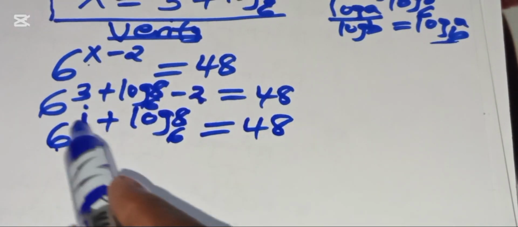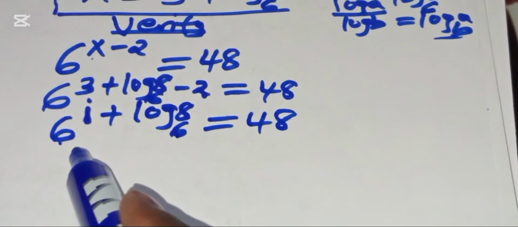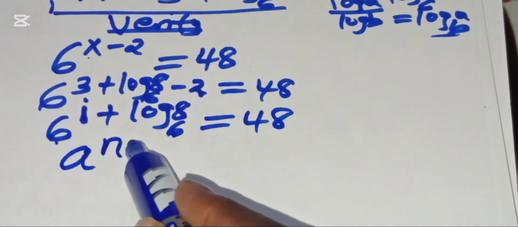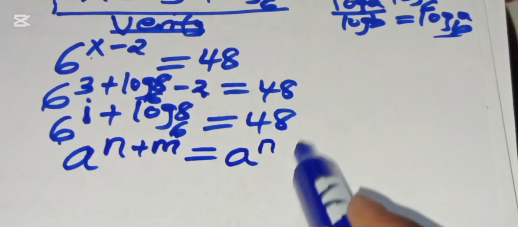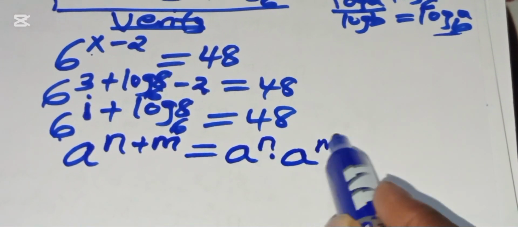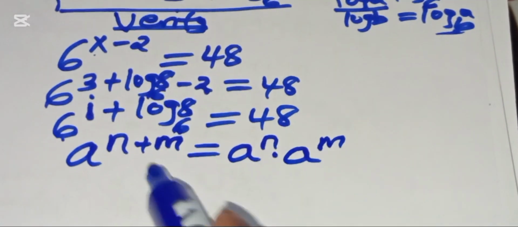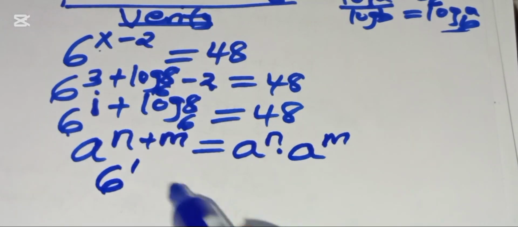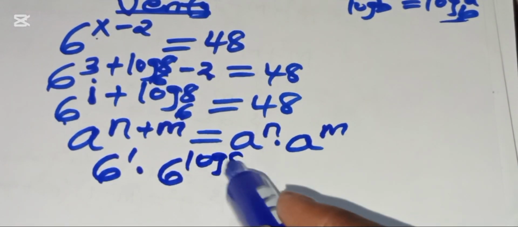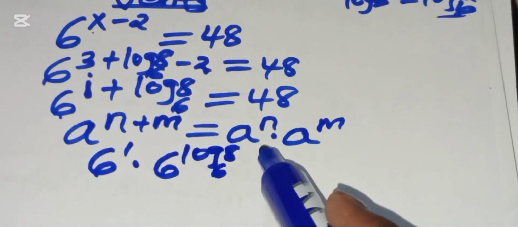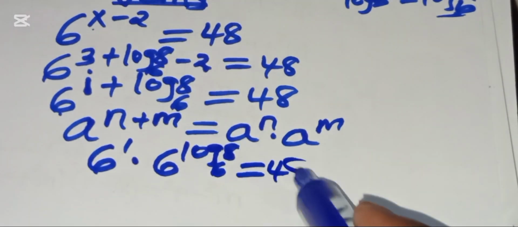So 6 raised to power 1 plus log 8 to base 6 is in the form of a raised to power n plus m, which we can express as a raised to power n multiplied by a raised to power m. So let's apply this property. This is the same thing as 6 raised to power 1 multiplied by 6 raised to power log 8 to base 6, which is equal to 48.